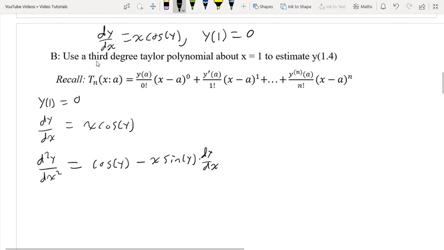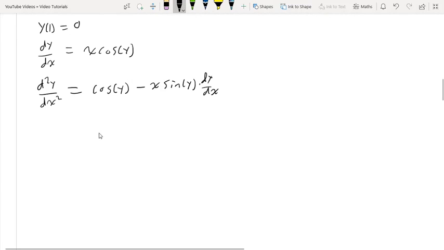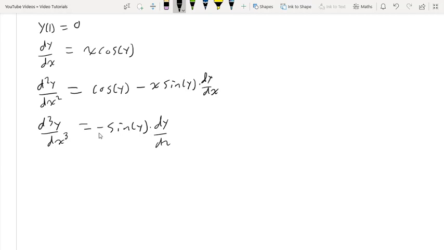And then our third derivative is going to be equal to negative sine y times dy by dx plus negative sine y minus x cos y times dy by dx.